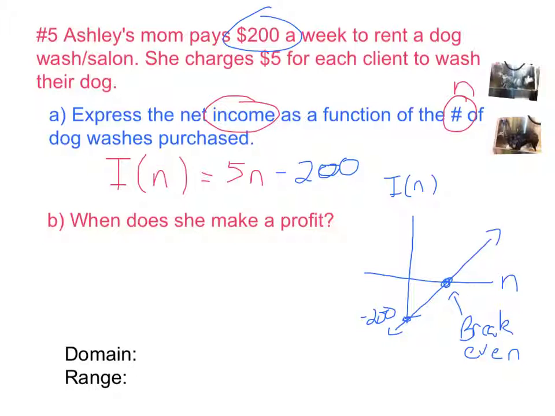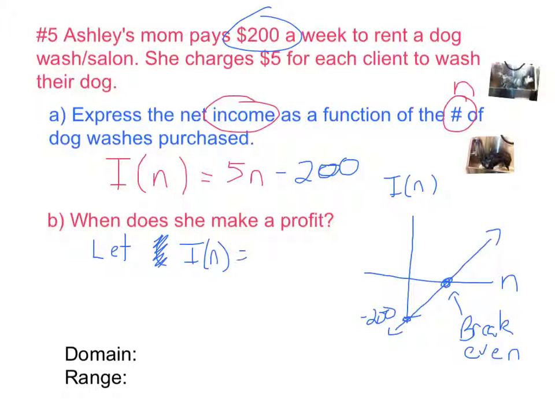So here's the question. We want to find the x-intercept. So let's remember how to do that. Let your function equal 0. Or in other words, let y equal 0. So 0 is equal to 5n minus 200.